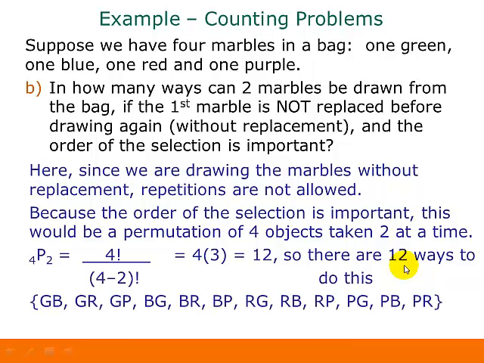And again, we can actually write down the outcomes here that would qualify. So notice that this leaves out all the ones that were in the last problem where the color was repeated. So it leaves out the green, green, the blue, blue, the red, red, and the purple, purple. And we have the other 12 left.